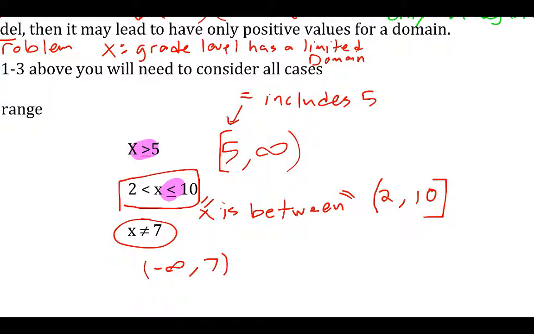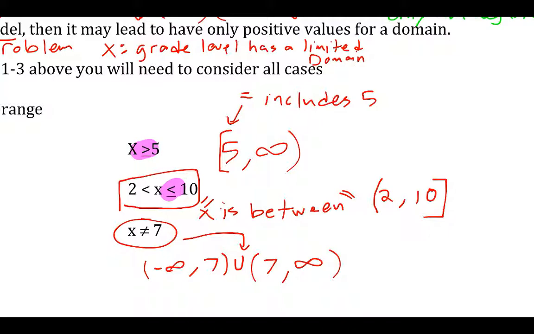Anything below 7 is good. I can do anything above 7. That's all good. But I can't do 7, and the way we do it with interval notation, to put a break, we do this union where both intervals are anything above and anything below 7, not including it.